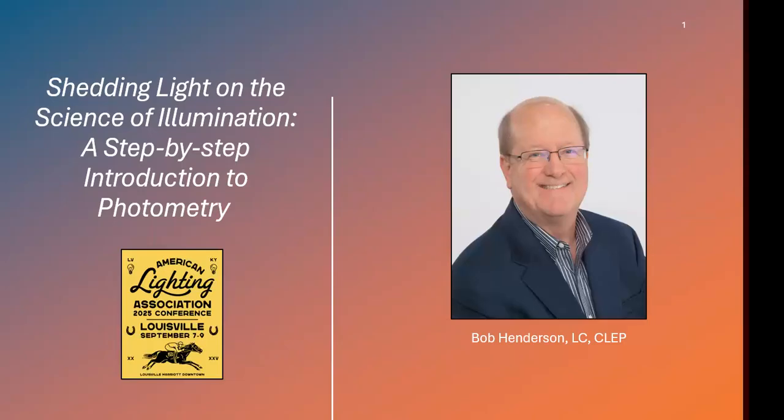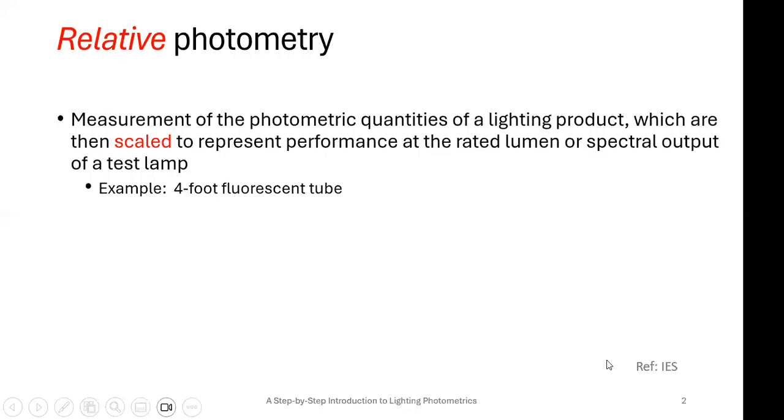And so first of all, we'll begin. As we discussed earlier, the difference between relative and absolute photometry. Relative photometry, as we discussed, is the measurement of photometric quantities of a light product, which can be scaled. So in a laboratory, the ballast factor is 1.0, so that gives you a certain driving performance, a certain light output, a certain associated wattage.